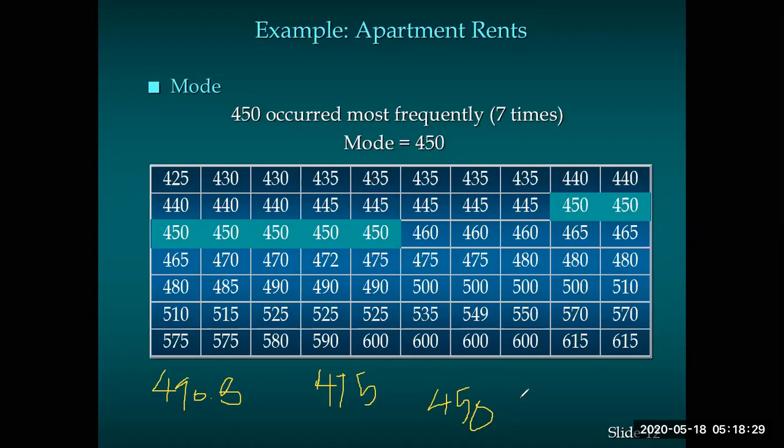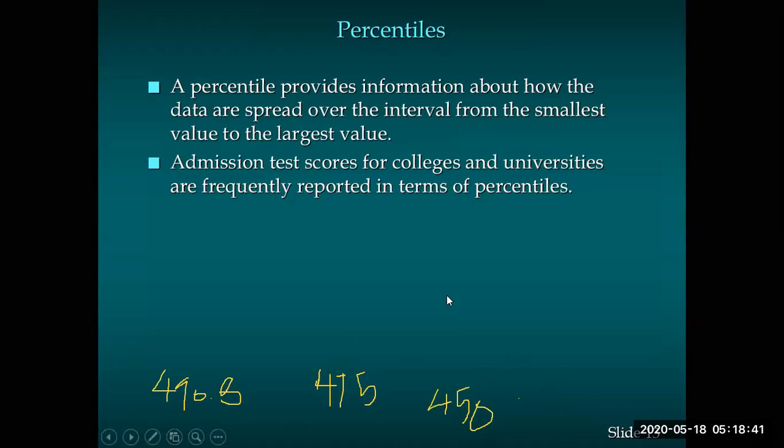Yes, so you have to make a curve for it. Let me see if I have space on the next slide. Yes, I have space here. So before we do percentile, let me explain. This was the mean, this is the median, and this is the mod.